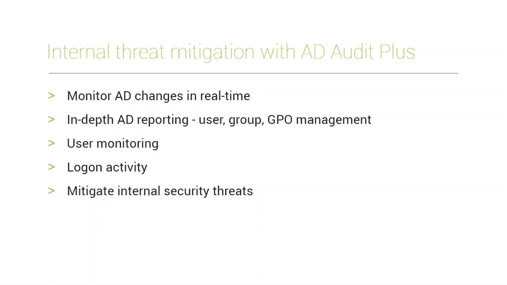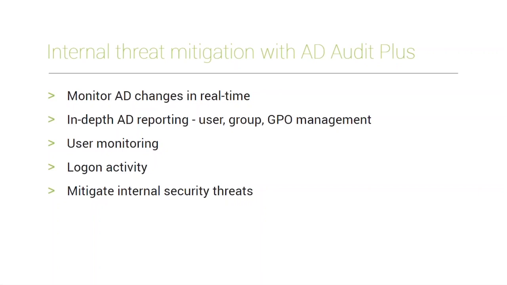Now, because these kind of configuration changes directly impact your security and can potentially create gaps or loopholes in your system, here is where the Active Directory Audit Plus component comes in. You can detect unauthorized attempts to access critical resources and also monitor privileged user activities with the exhaustive predefined reports available and be notified with real-time alerting.